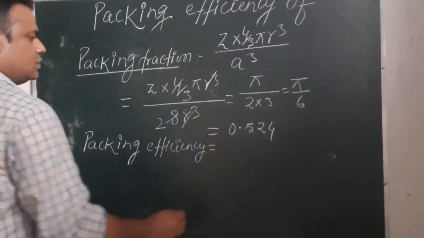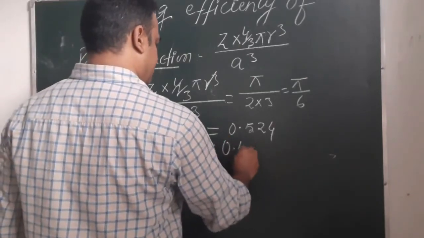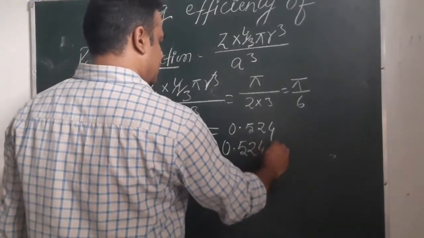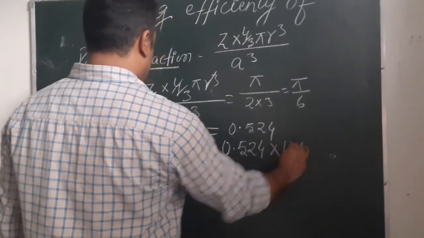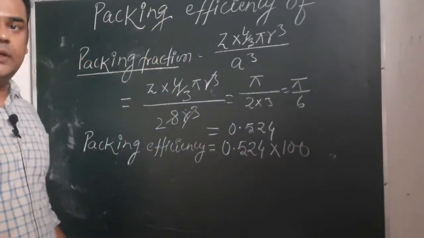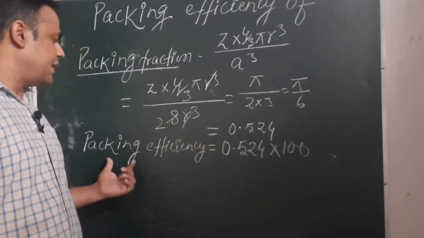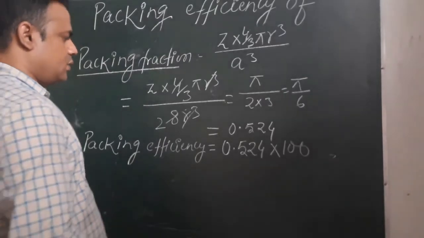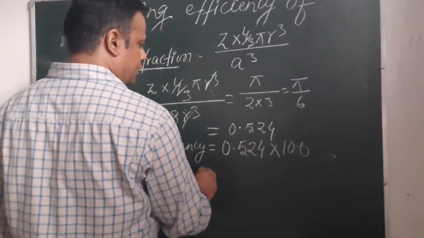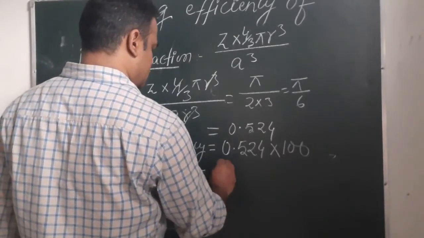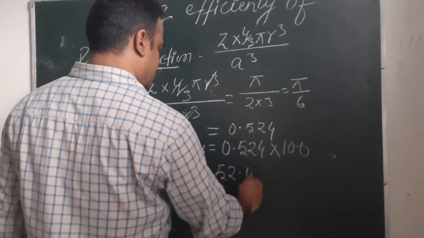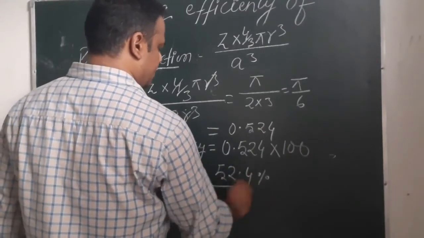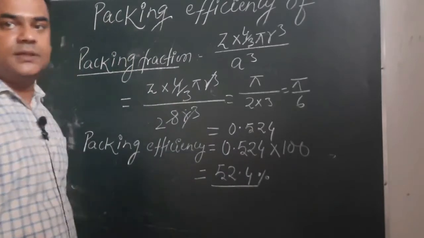packing fraction multiplied by 100. We have right now seen the formula that packing efficiency is equal to packing fraction multiplied by 100. So 0.524 multiplied by 100 will be equal to 52.4%.